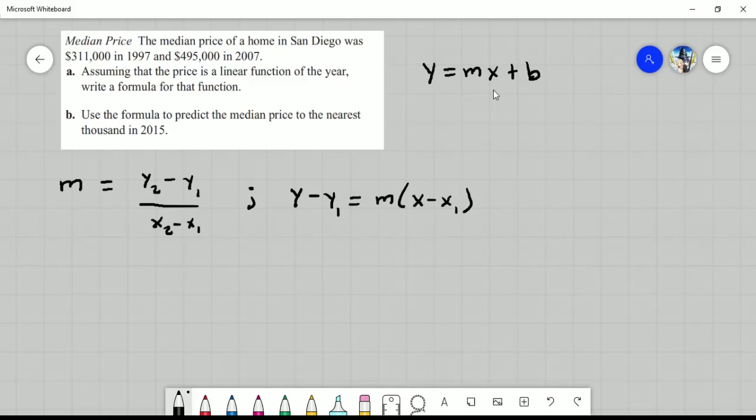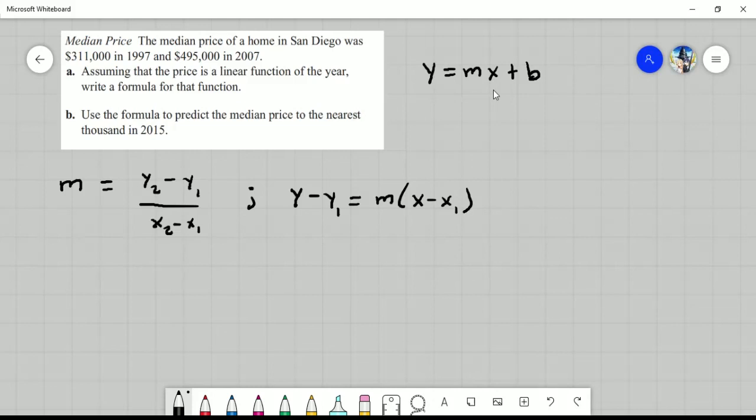Once you have part A solved, you can now solve for part B using that formula you just found to predict the median price to the nearest thousands in the year 2015. So with that, in order to solve part B, you would just take the year 2015, the actual year, and plug that in as an x value for the linear function you just found.